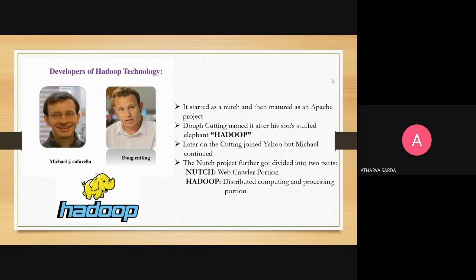So on that point, Doug Cutting decided to name it after his son's stuffed elephant as Hadoop. Later on, Cutting joined Yahoo, but Mike continued. The Nutch project further got divided into two parts, that is Nutch and Hadoop. Nutch handles the web crawler portion, whereas Hadoop contains distributed computing and processing.